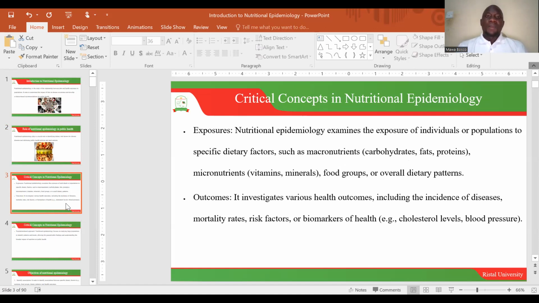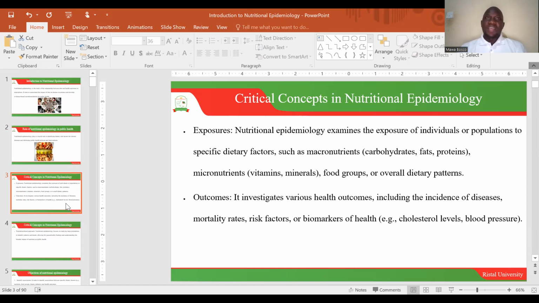The first concept is what we call exposures. When people eat certain foods, the specific foods that they have eaten may put them at a certain risk, and that is what we are calling exposures.